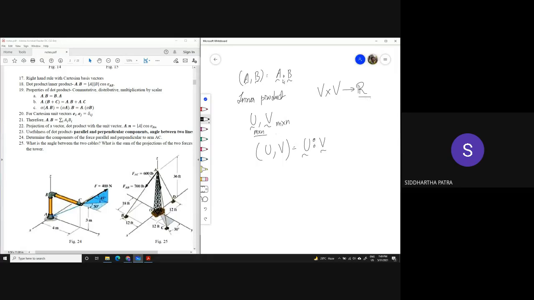Here there is a single dot, which means I'm going from a first order tensor to a scalar. So this time I'm going from a second order tensor to a scalar.